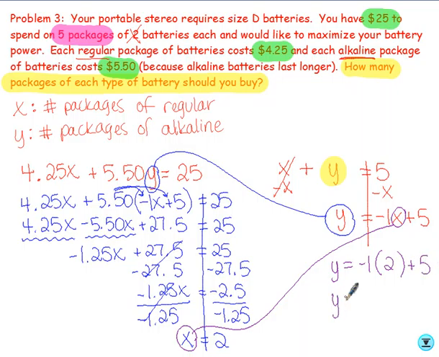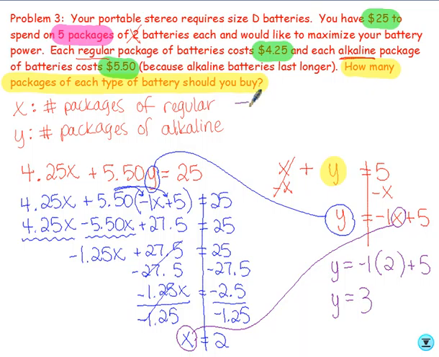And if you type negative 1 times 2 plus 5 in your calculator, you get 3. We're done solving. To me, this takes longer than elimination, but that's your choice.